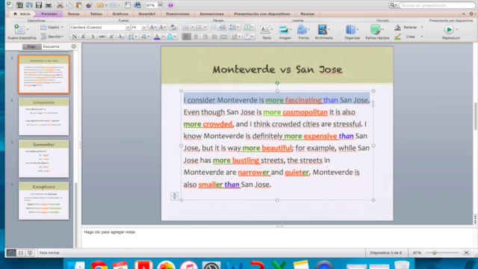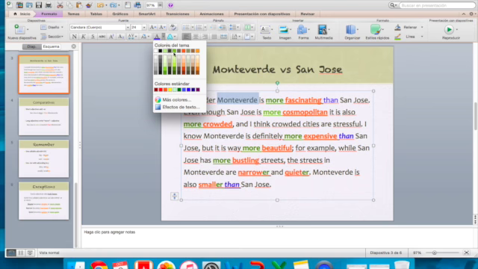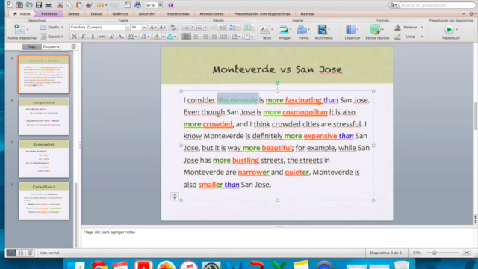In this first sentence, I mentioned both Monteverde and San Jose. I have Monteverde at the beginning of the sentence, San Jose at the end.